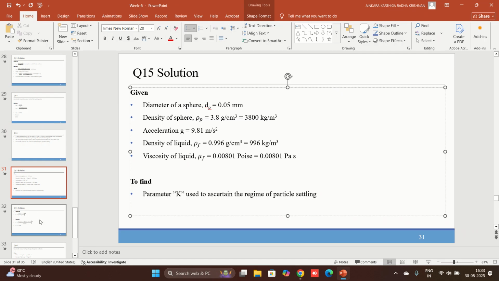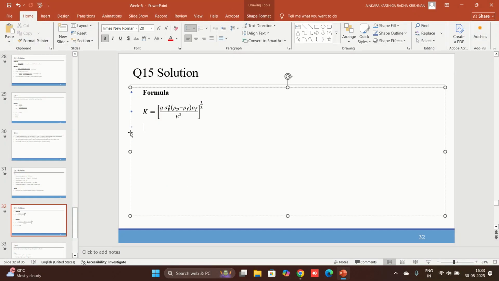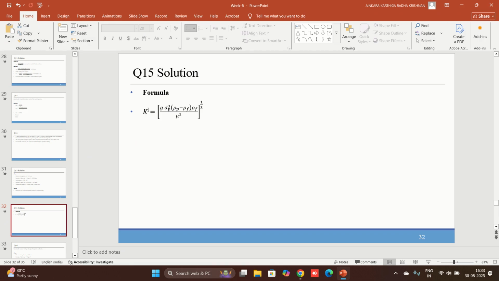So I'll give you the formula, and now you have to give me the answer. The formula for k is equal to g into dp cube into rho p minus rho f into rho f by mu square, whole to the power of 1 by 3.